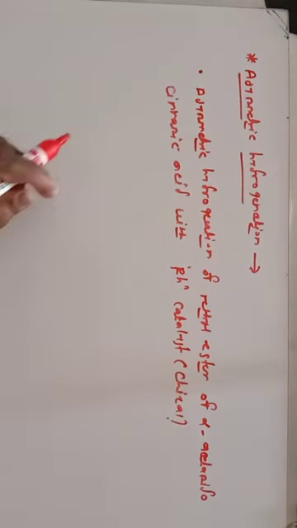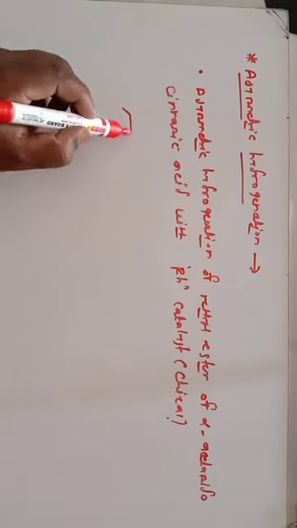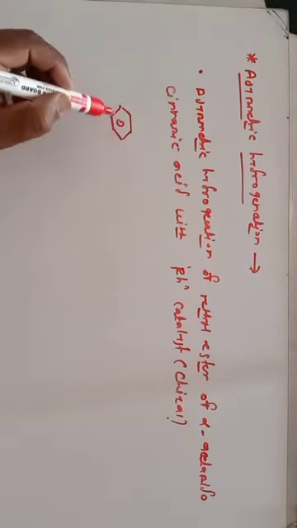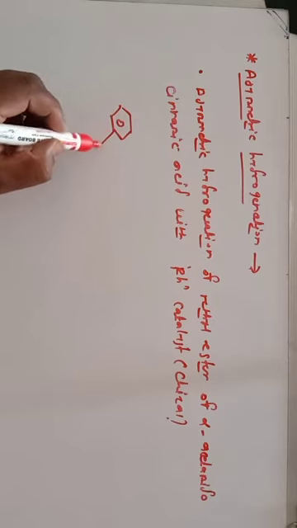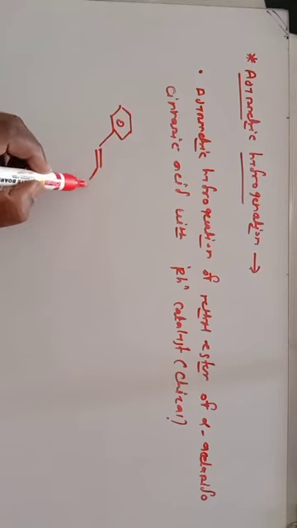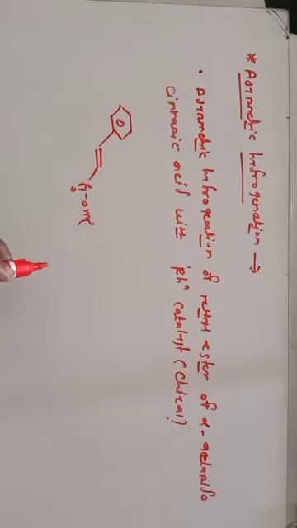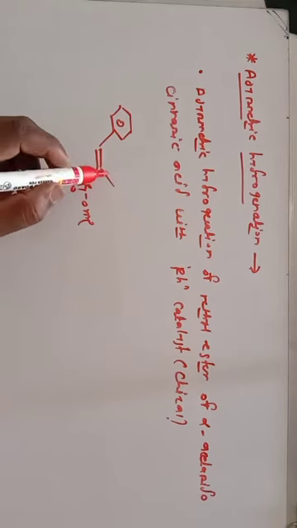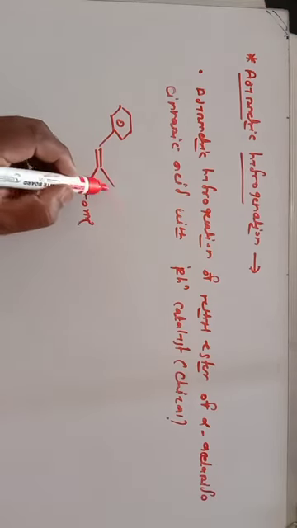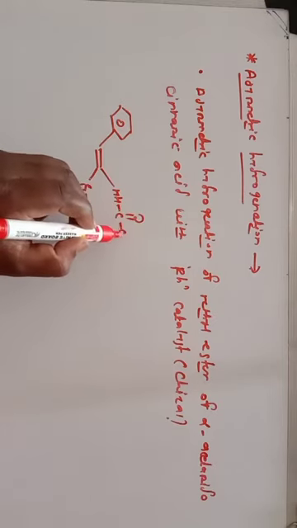So if you consider what the reaction is, this is your alkene, with C double bond OMe. This is your ester functional group, and the other functional group is your NH C double bond O CH3.